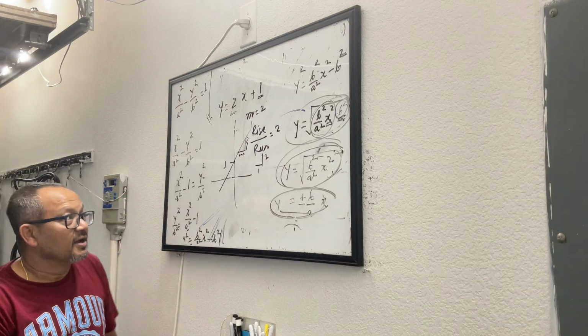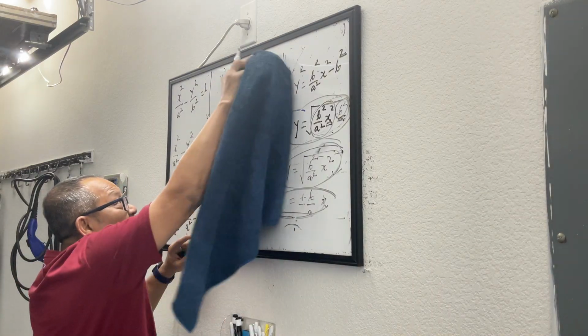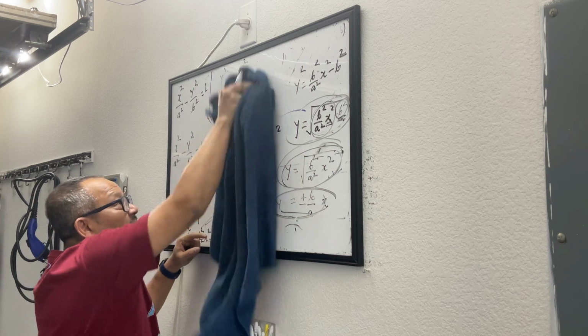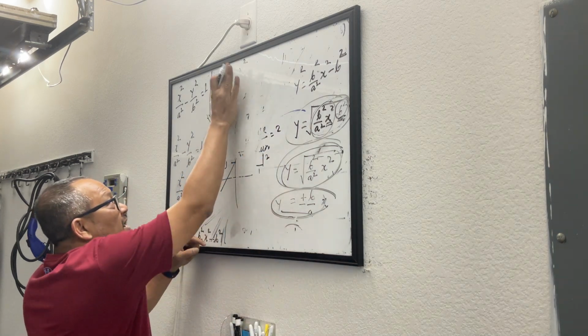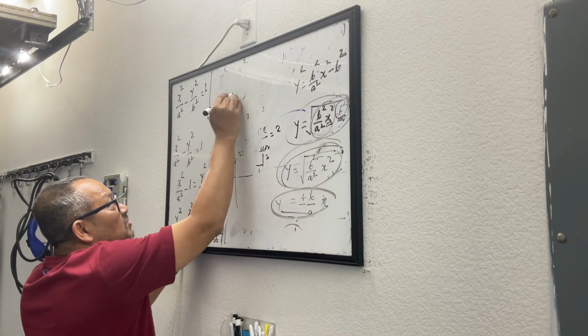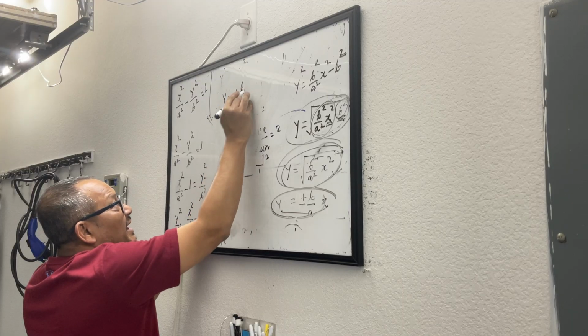Okay, so now I'm coming back to this equation. Let's take the first one, y equal to plus b over ax.